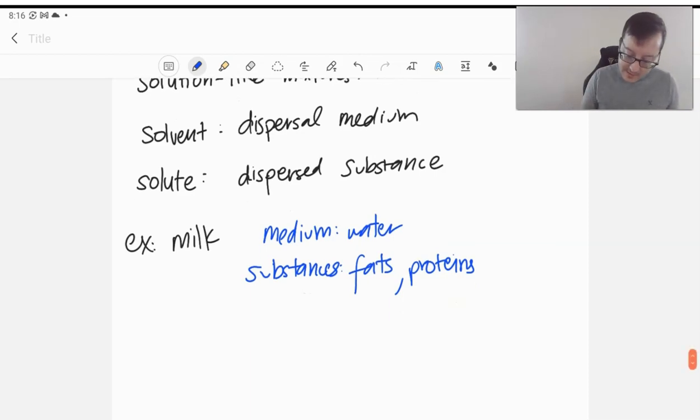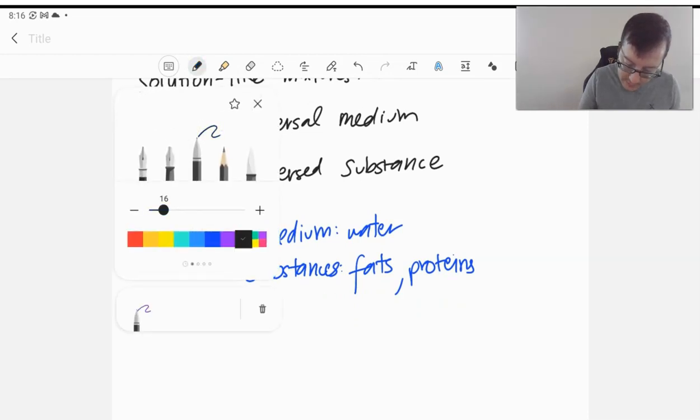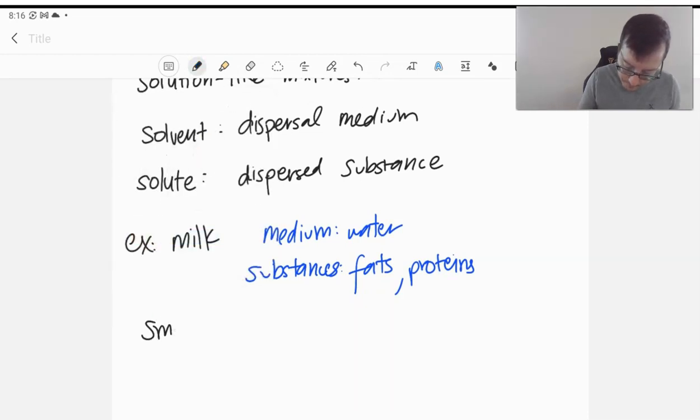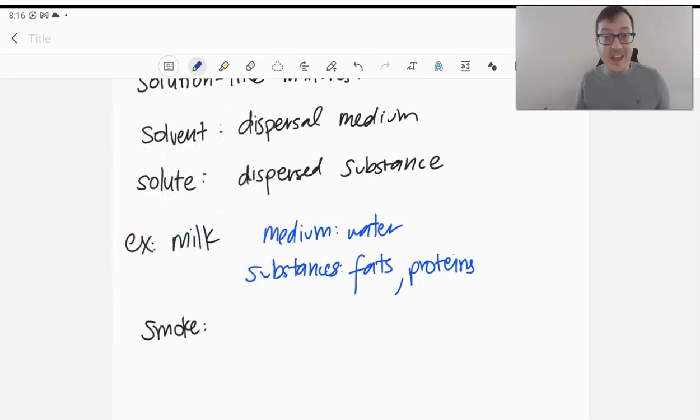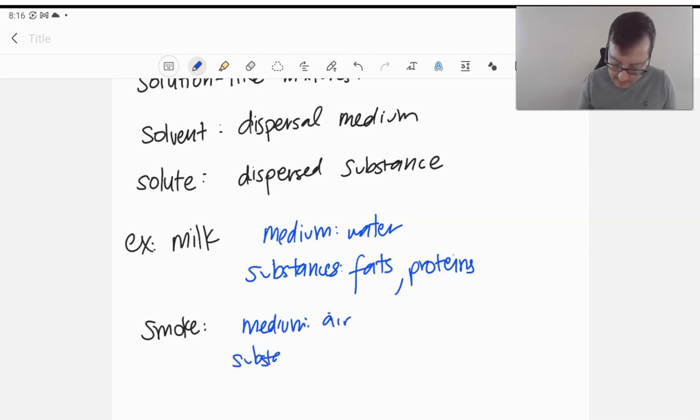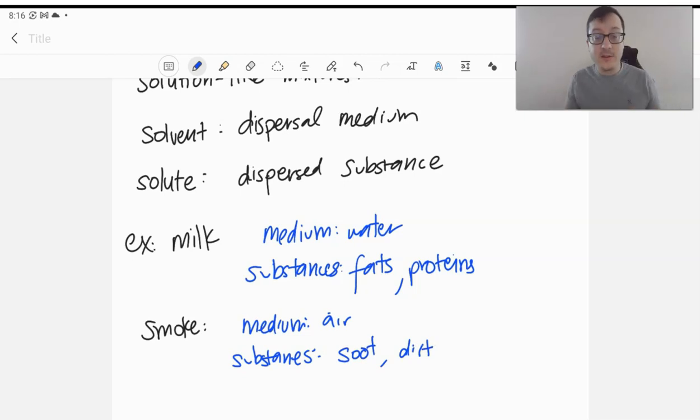Another one would be something like smoke. We can stick to our original color here, where our medium, the thing that is acting as the solvent, is going to be air, and the substances would be things like soot or dirt, small solid particles.